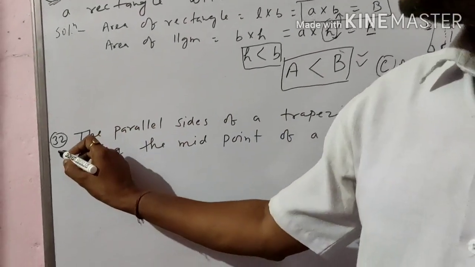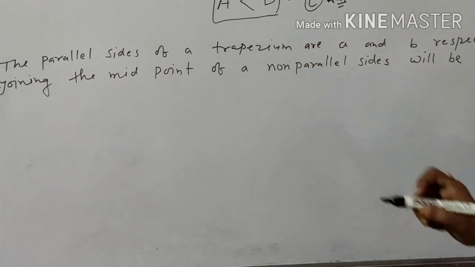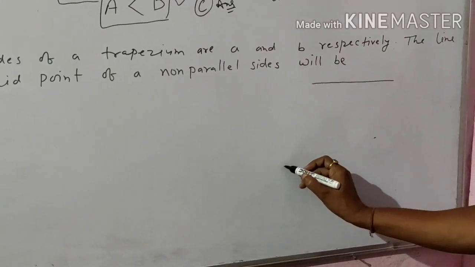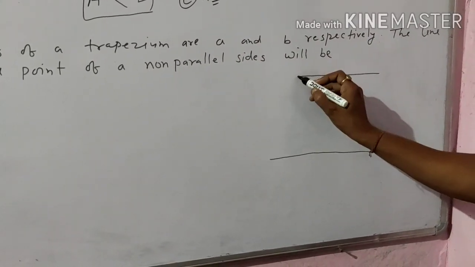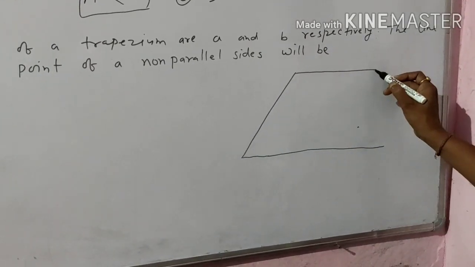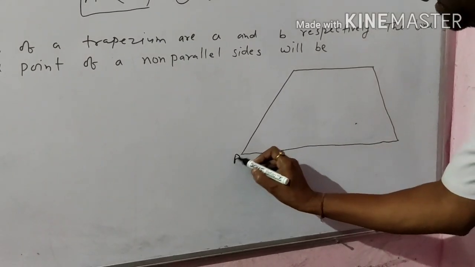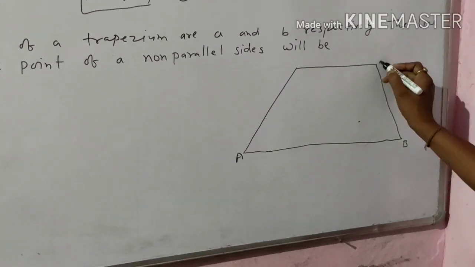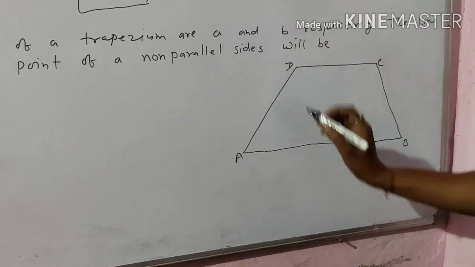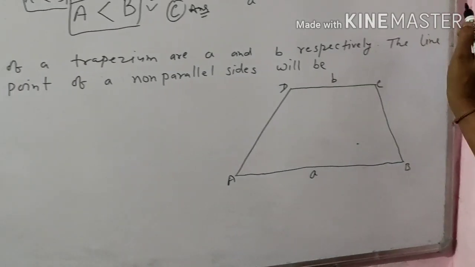Here the next question is 32 number. The parallelogram of the trapezium. That means make the trapezium here, student. This is the trapezium A, B, C, D. A, B, C, D is the trapezium whose parallel sides are A and B respectively.